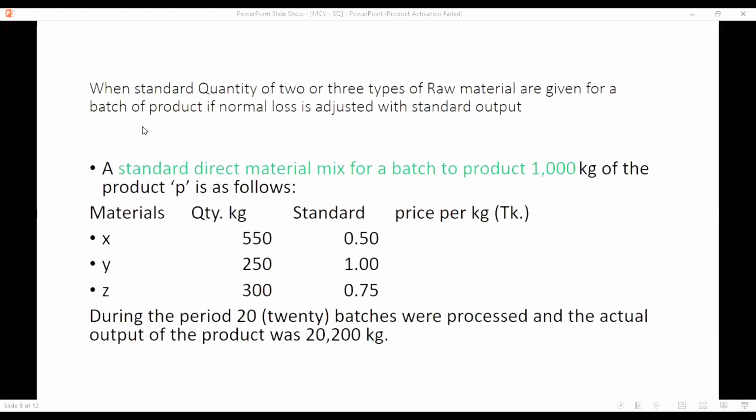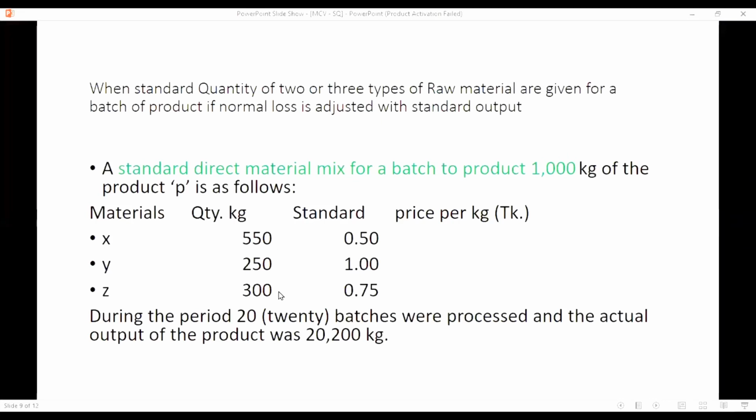Here is another situation where standard quantity of 2 or 3 types of raw material are given for a batch of product if normal loss is adjusted with standard output. Here there is normal loss and this is adjusted with standard output. Standard output of a mix is 1000 kg, but standard input for X, Y, Z was 1100 kg.